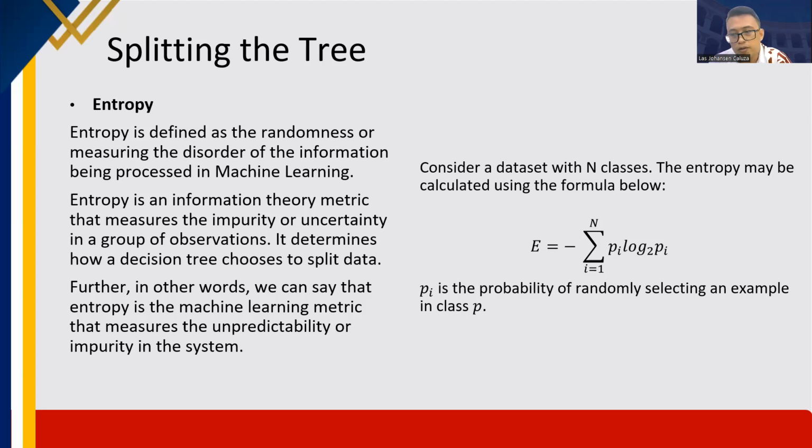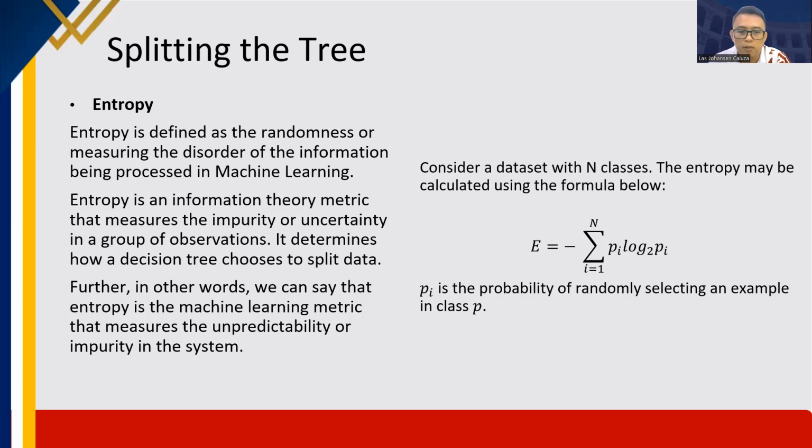And further, in other words, we can say that entropy is a machine learning metric that measures the unpredictability or impurity in the system. We are looking into how impure the data or the data sets of a given database are. Okay, so consider, for example, a data set with n classes.